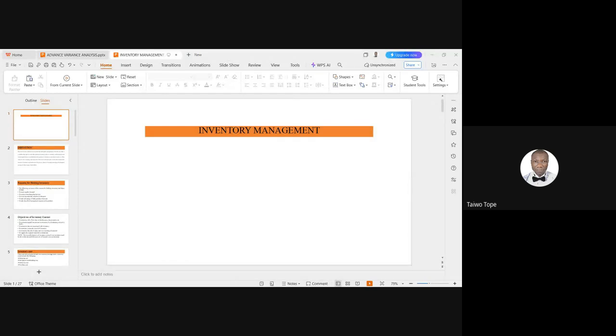When we talk about inventory management, we are simply referring to a method of ensuring that the right quality and quantity of the relevant stock is available.